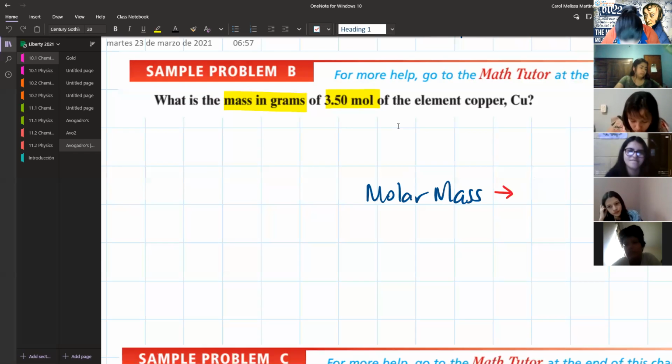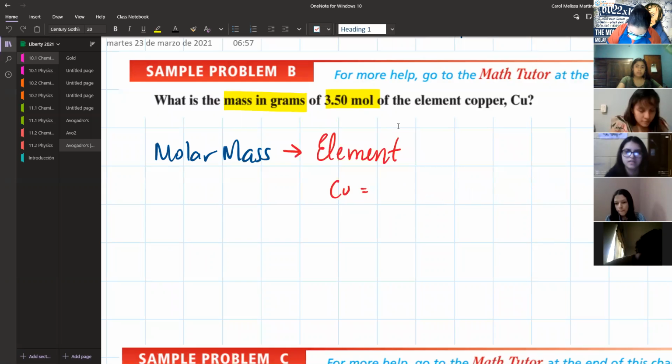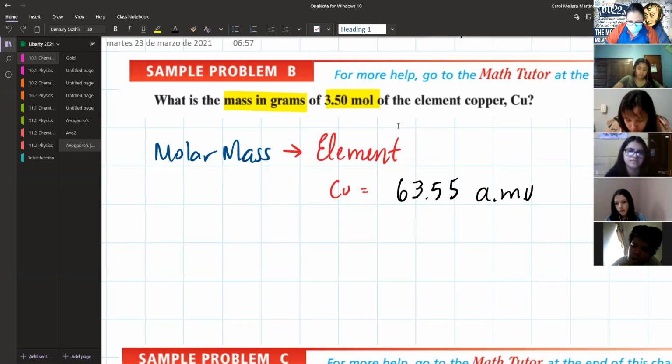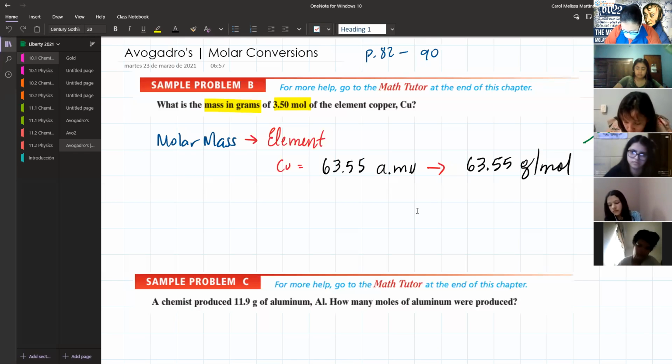Thank you. So let's focus on the element. The element is copper. And the atomic mass of copper is 63.55 AMU, and we're going to replace AMU by the units grams per mole. And there are two ways to express this, and you're going to arrange it in the way you prefer.